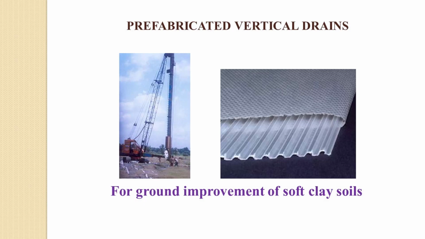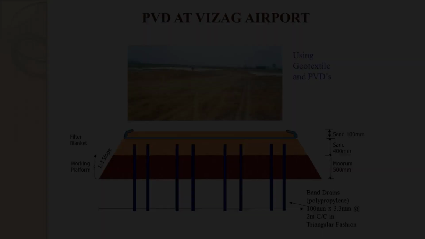And there is a calculation which shows the anticipated settlement and the final settlement, which are calculated by using various instrumentation, piezometers and other things, and then we come to the conclusion reasonably that the secondary settlement, everything has taken place, the ground improvement is complete, then we proceed with our structures.